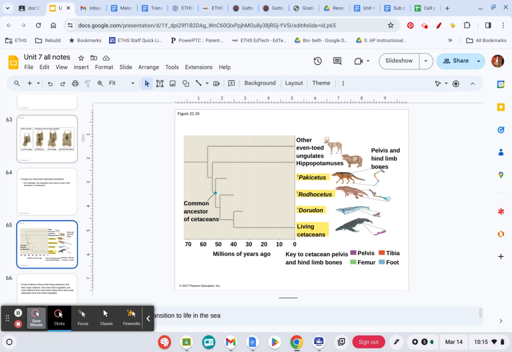I see cetaceans, things like whales. Do you know whales actually have hip bones? They have the remnants of hips. So the current thinking is that what actually happened, and you can see all of these things highlighted in yellow here, they are all related to each other.